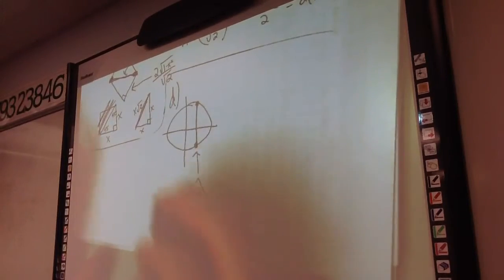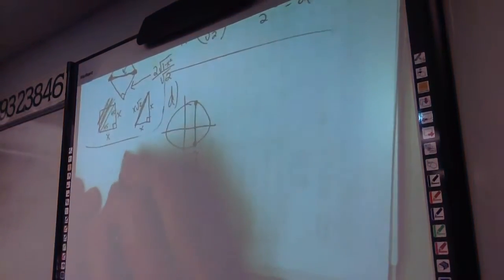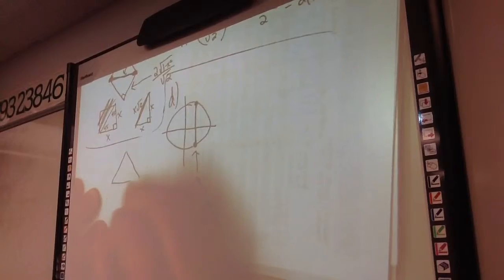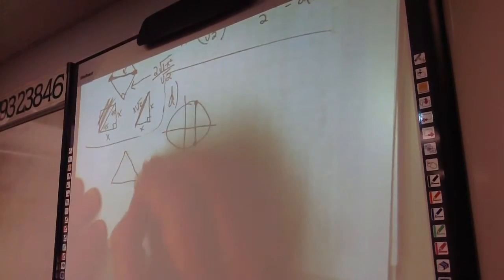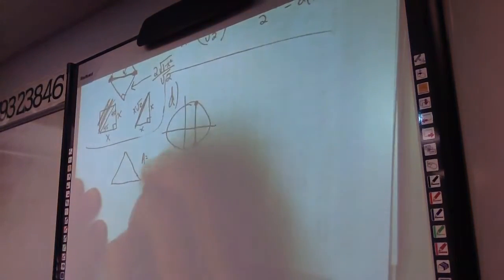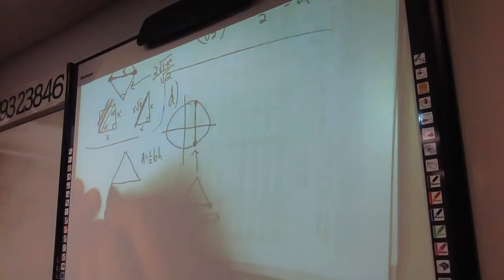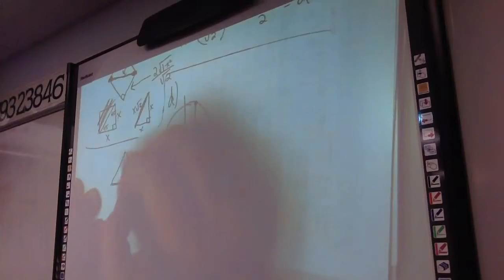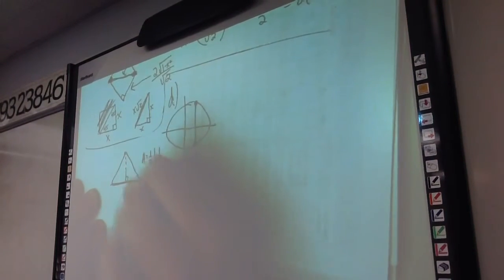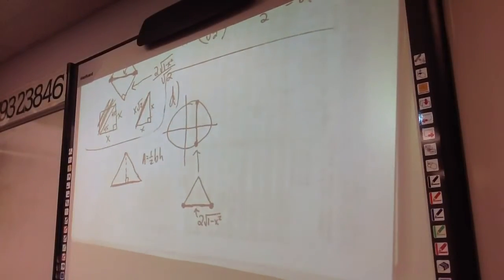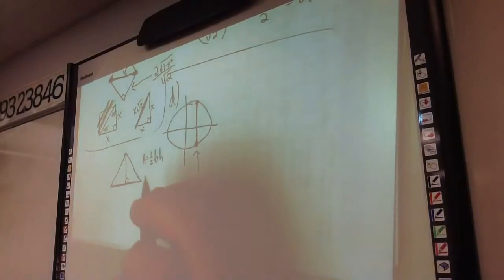So to find the area of an equilateral triangle, I'm going to go over here and do a little side problem. Here's an equilateral triangle. What's the area of a triangle? 1/2 base times height. So I know my base, don't I? But now I need the height. So if it's an equilateral triangle, how do I find the height?